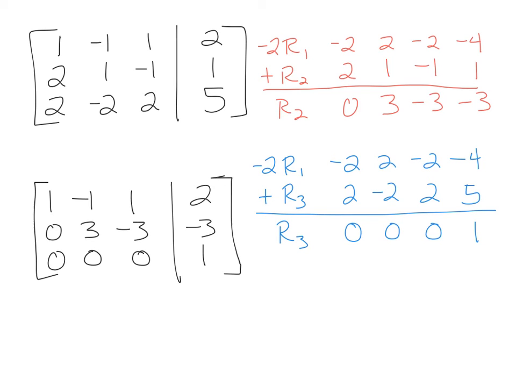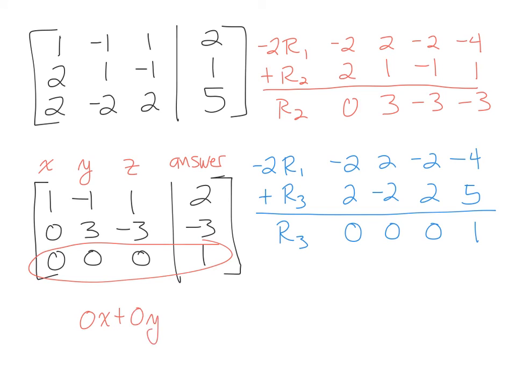And something about this answer is peculiar. If we go back and think that the first column was the x's in each equation, and the second column were the y's in each equation, and the third column are the z's, and this is the answer, we get something really strange with this last row. That is 0 x's plus 0 y's plus 0 z's equals 1.